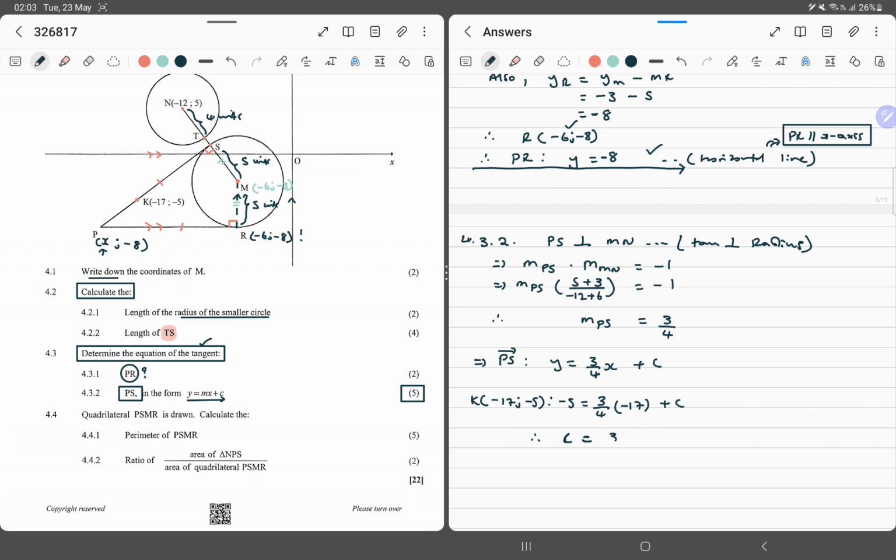So that gives us 31 over 4. Great stuff. So we know that therefore our y is going to be equal to 3 over 4 x plus 31 over 4.